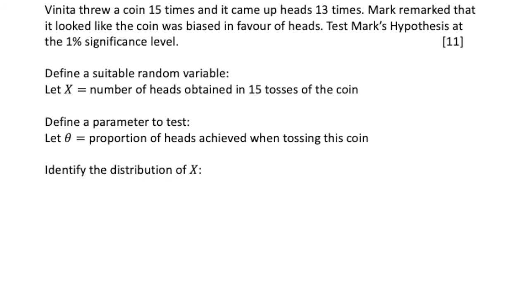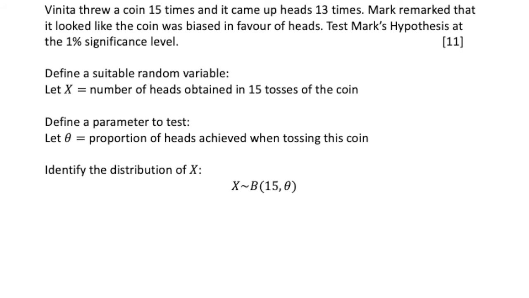So my next step would be to identify the distribution of my random variable x. It should be clear to you from your understanding of probability and slightly more complex probability situations that crop up in Unit 2 that x has a binomial distribution.